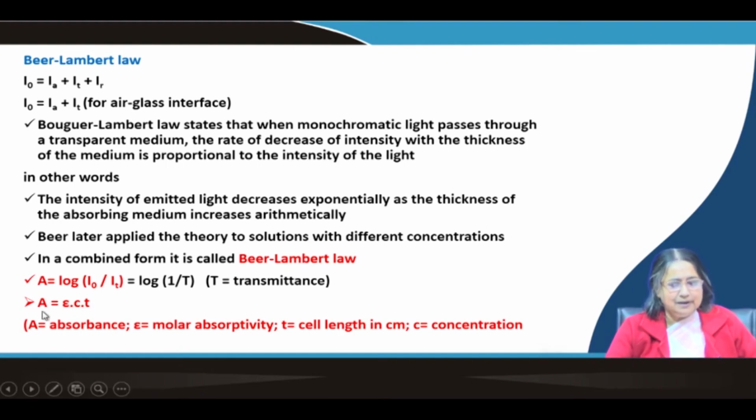So, absorbance will vary with C, and it is a straight line equation passing through the origin. This is called the Beer's law calibration. When we do the calibration, it is called Beer's law calibration. I will show you.